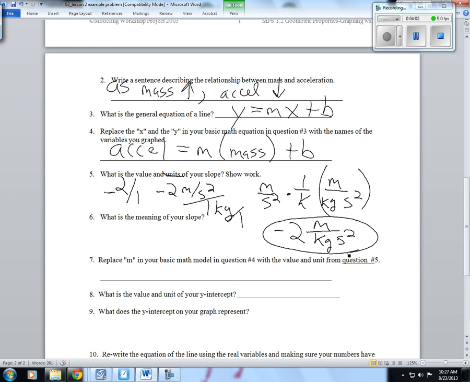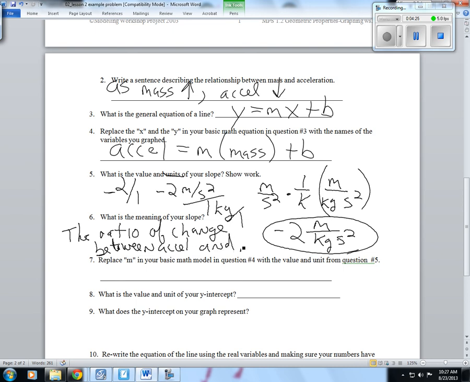So the meaning of my slope: it's the ratio of change between acceleration and mass.